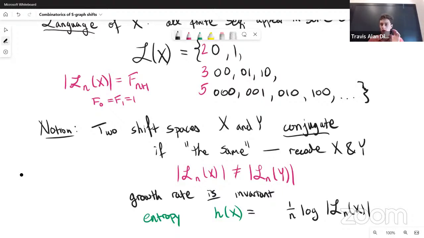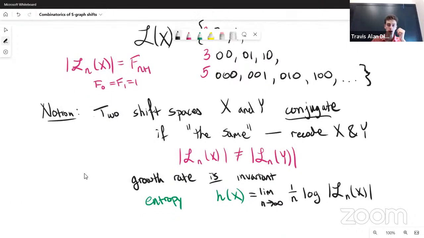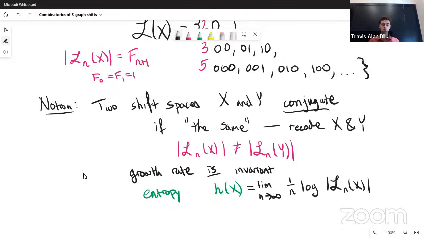We take the log of that and multiply by 1 over n, and then take the limit as n goes to infinity. Really what you should think of is that the entropy is the base of the exponential growth rate of the language. And this is in fact an invariant. So if you have two conjugate shift spaces, then their growth rates will be the same as measured by this quantitative formula.